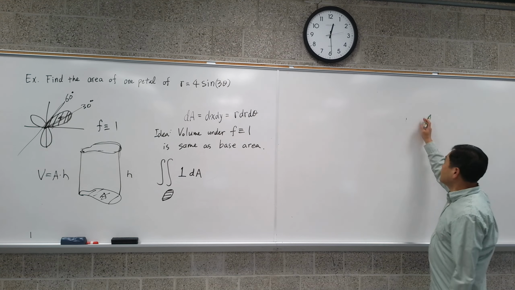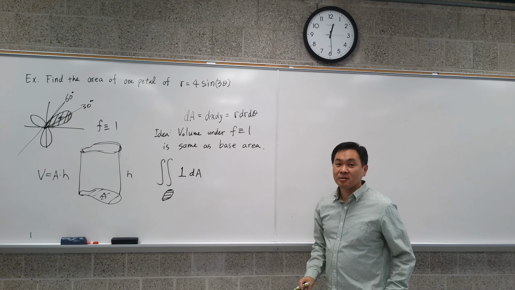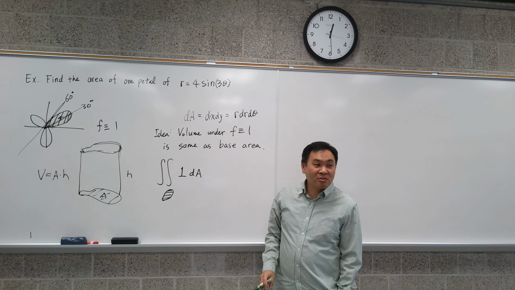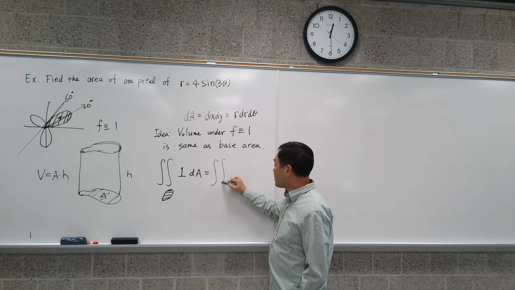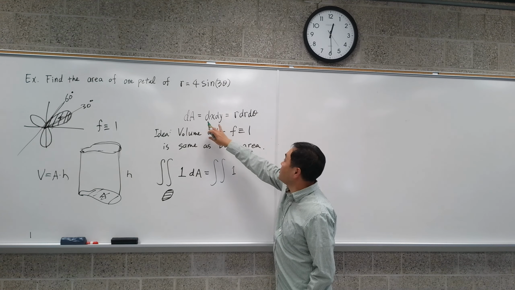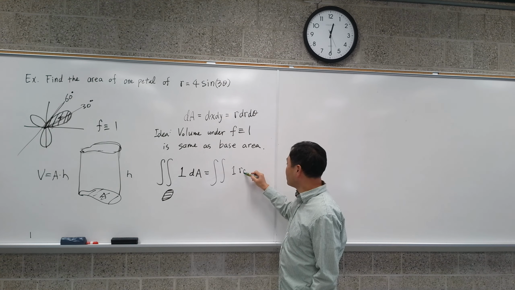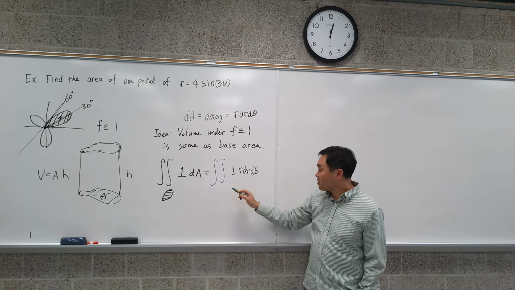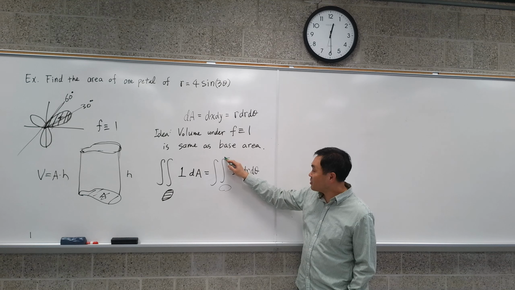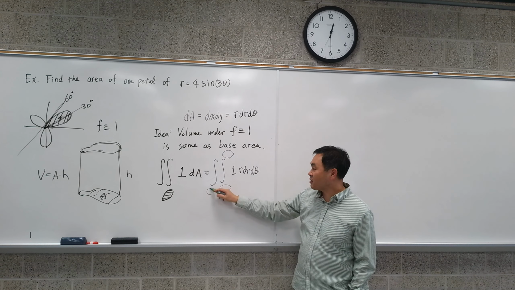But then calculating this is another matter. To calculate this, we need to first write down dA as r dr d theta. And that means I need to figure out what goes here and there, and also theta from here to there.